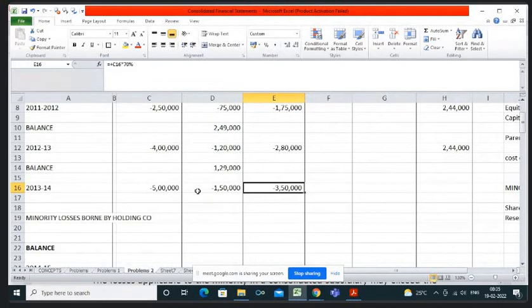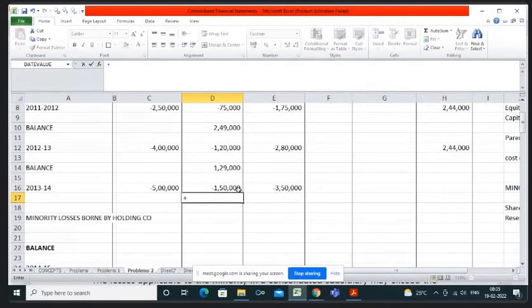Now, if you look at the balance of the minority interest, it becomes a negative figure. 1,29,000 minus 1,50,000 is 21,000 net losses.